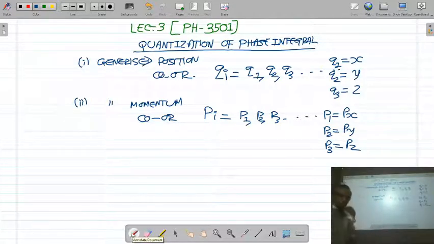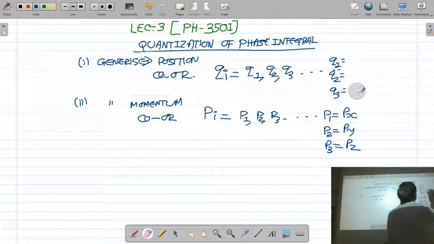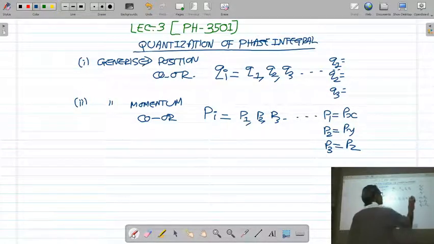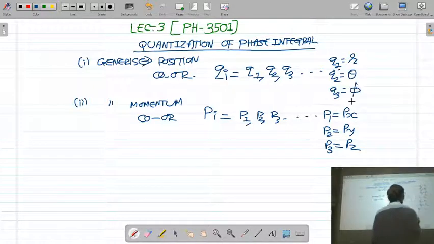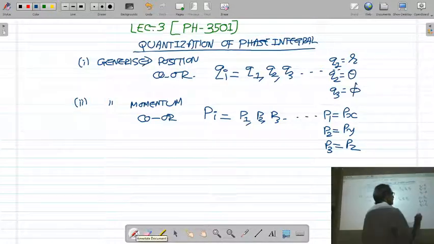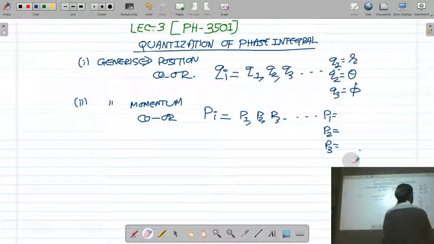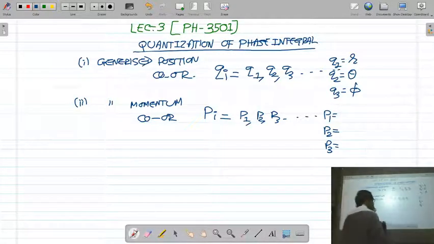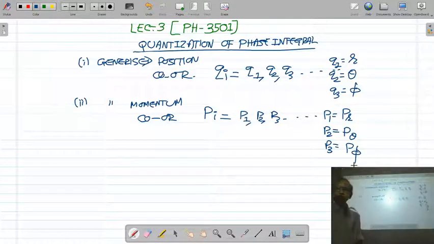If you are working with spherical polar coordinates, then q1 will be r, q2 will be theta, and q3 will be phi. And the generalized momentum coordinates in spherical polar coordinates can be written as pr, corresponding to the theta coordinate the momentum coordinate is p theta, and corresponding to the phi coordinate it is p phi.